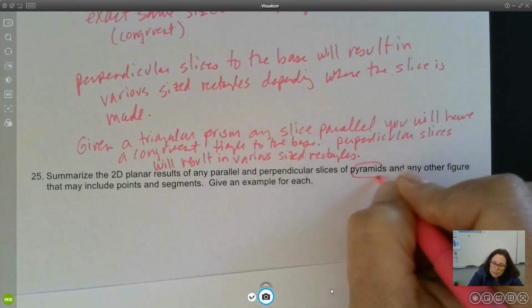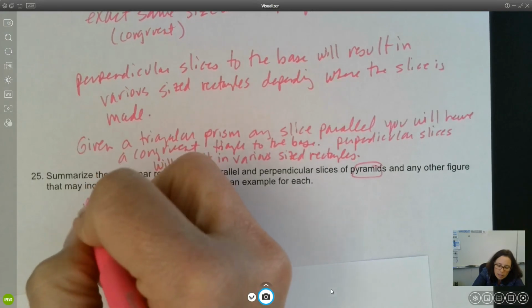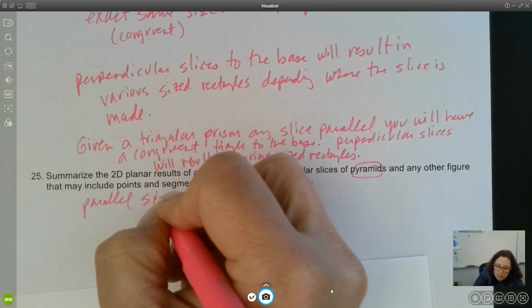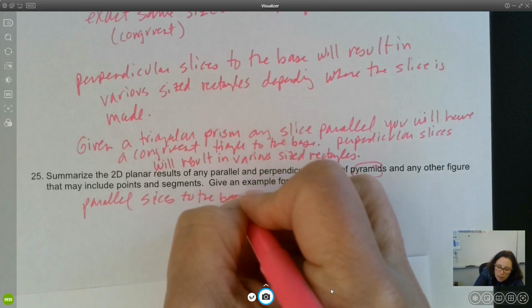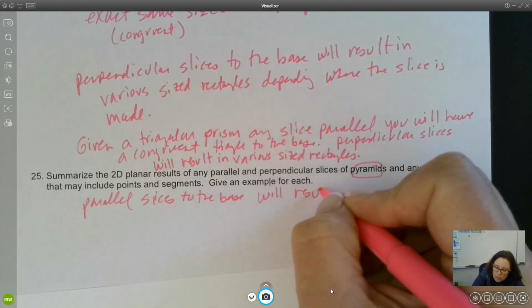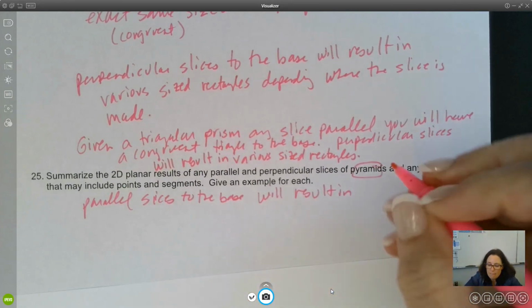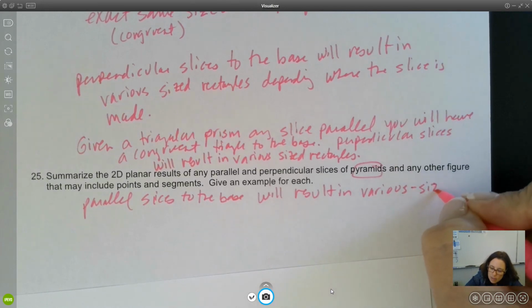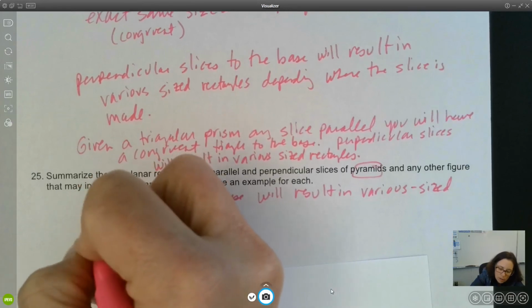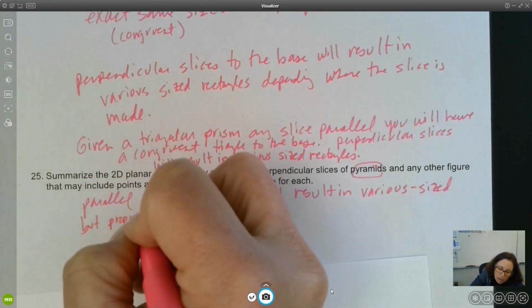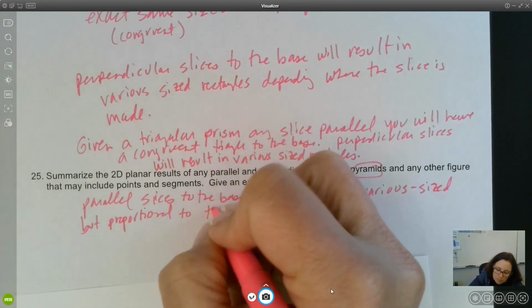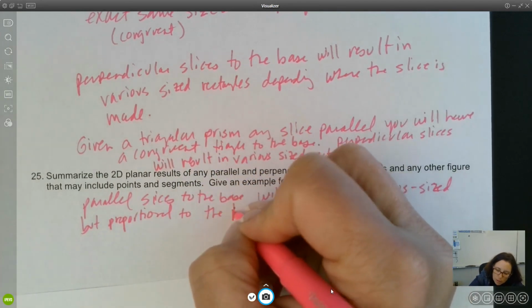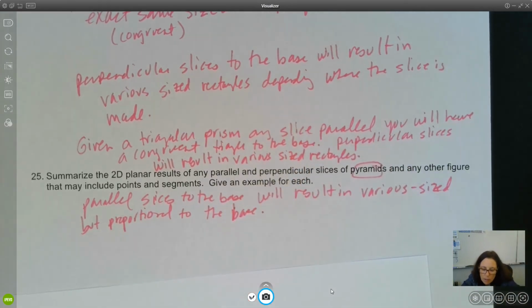Okay, let's talk pyramid. Pyramid parallel slices to the base will result in various sized but proportional shapes to the base.